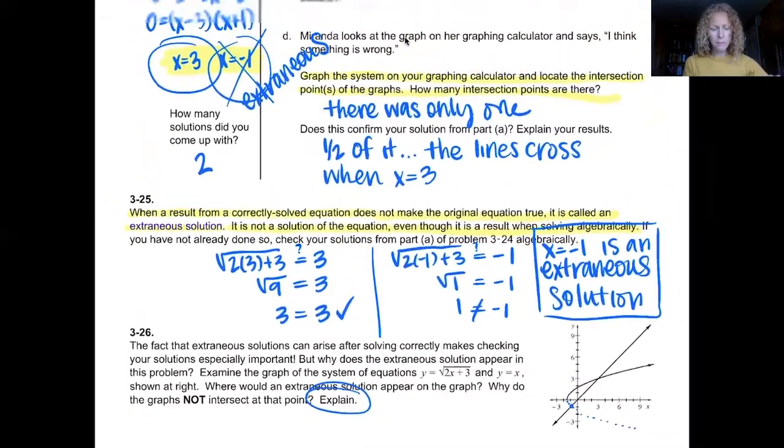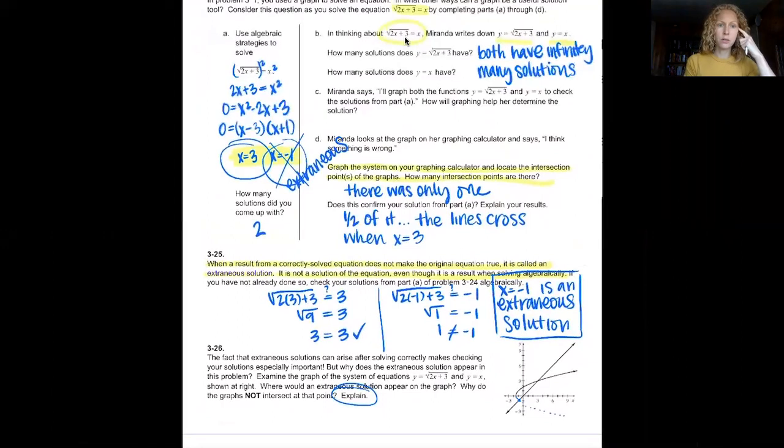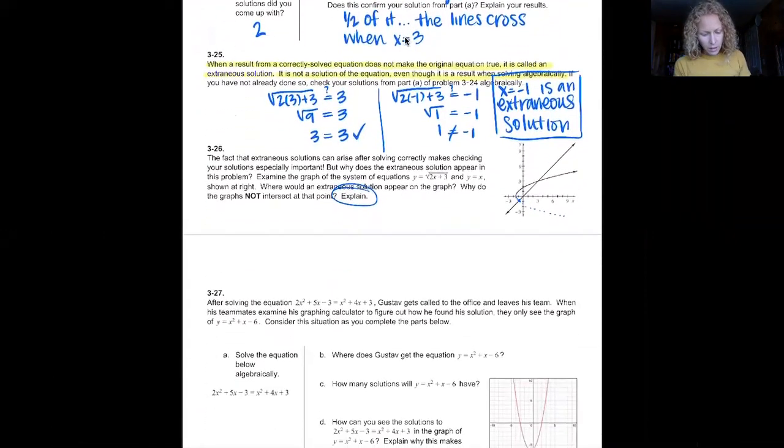So, big theme here: paying attention to extraneous solutions when you're solving. If you're graphing by just typing into a graphing calculator, you will see the correct single solution. If you're solving with algebra, anytime you're solving a square root, you may end up with something extraneous.